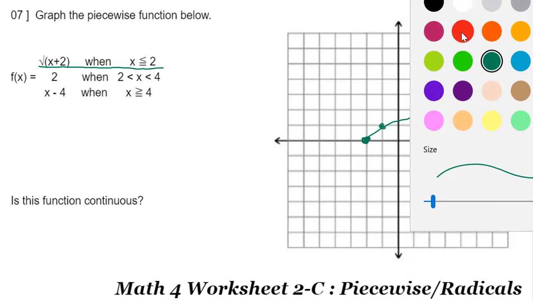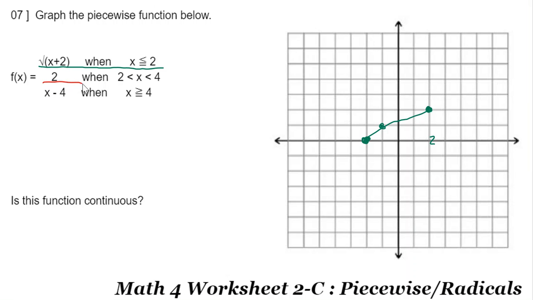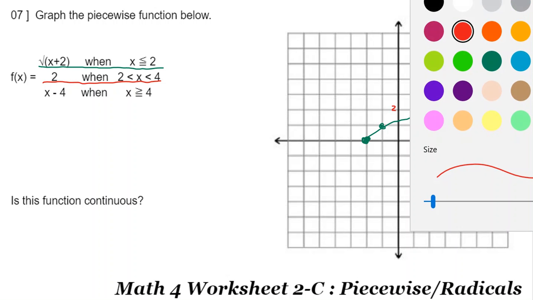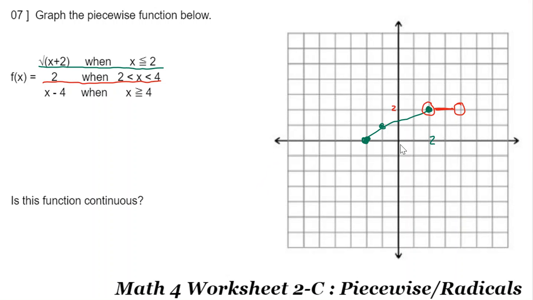Then, for this one, we're going where y is 2, which y is 2 right there. And we're going open circle from where x is 2 to an open circle where x is 4. And so that's what that should look like. Now, x minus 4, that is to say 1x minus 4.